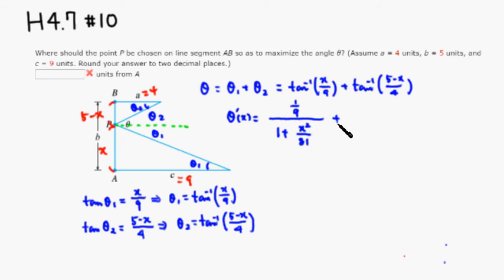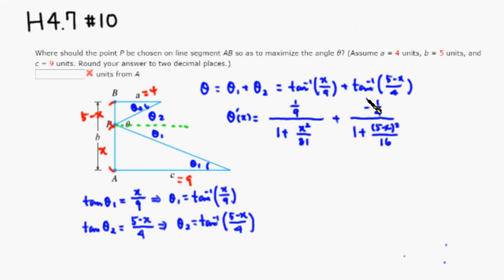Plus, we do the same thing: 1 plus 5 minus x squared over 4 squared, which is 16. And the derivative of that is negative 1/4.